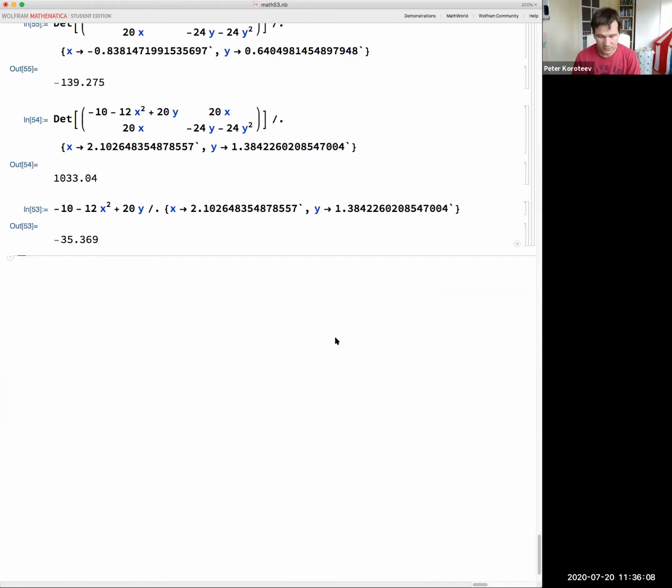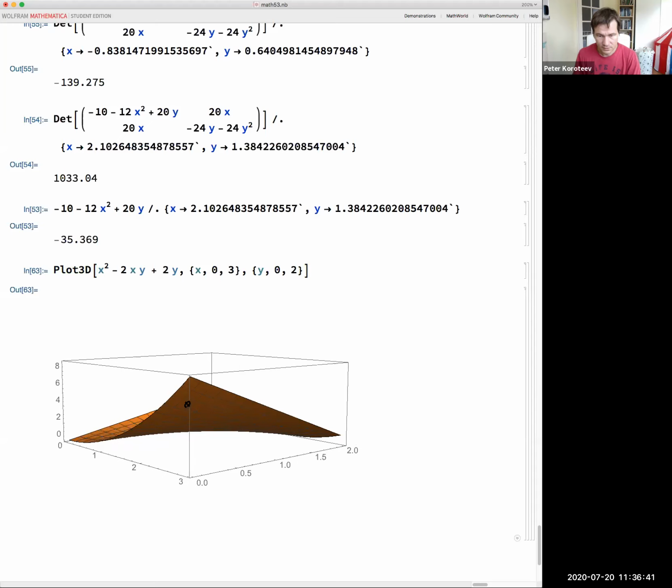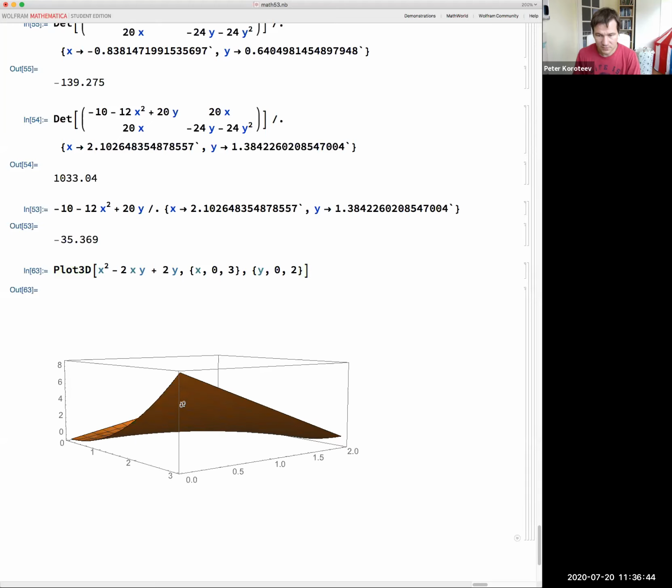We have a function with x squared minus 2xy, over x between 0 and 3, y between 0 and 2. We can ask ourselves, where is the minimum, where is the maximum?